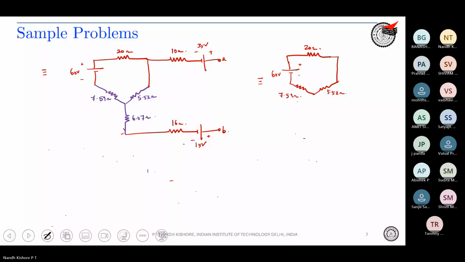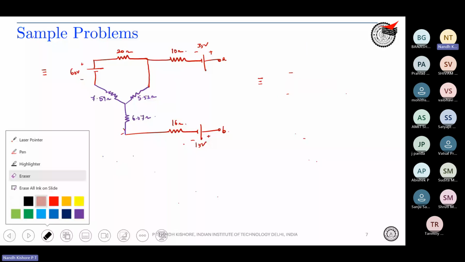One thing is that the 7.59 and 20 ohm are in series.